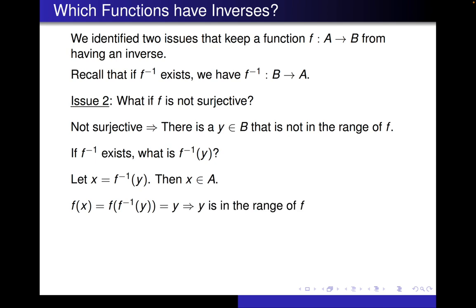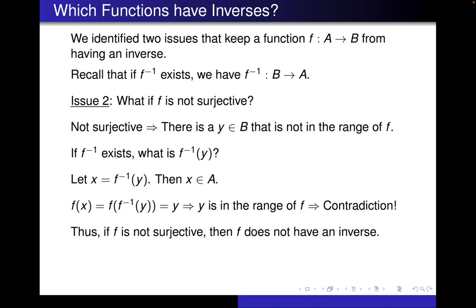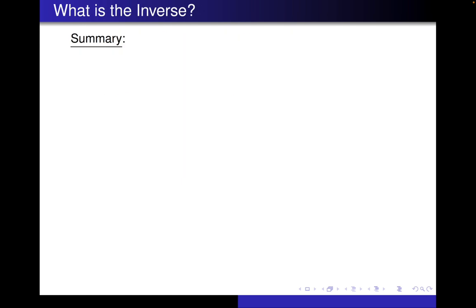We were assuming that y was not in the range of f because our function was not surjective, but now y is an output of f. That's a contradiction. So if f is not surjective, which is what we were assuming, then f does not have an inverse. And once again, if we take the contrapositive of that, if f has an inverse, then f is surjective.